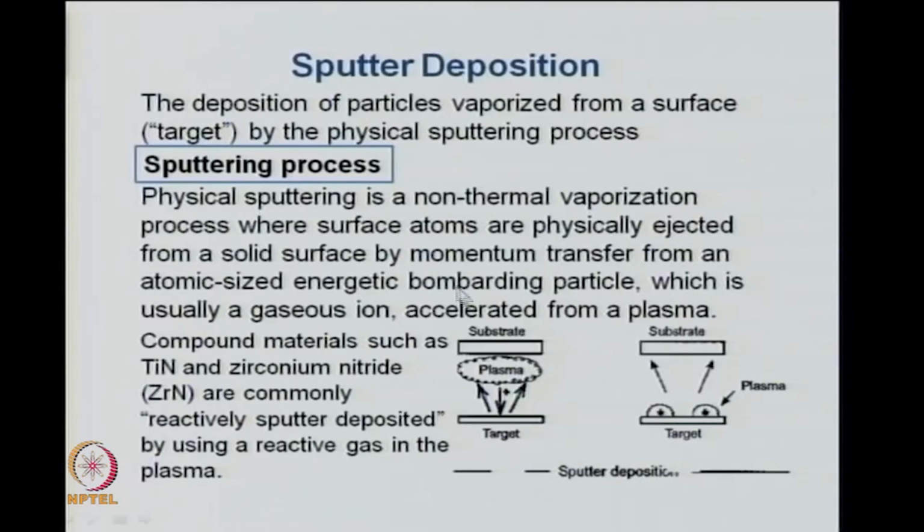So, what you are doing is you are bombarding a target. So, this is your target, and you are bombarding the target with either an atomic beam which is highly energetic, or a gaseous ion which is accelerated from a plasma. Here you see a plasma, and this is a gaseous ion beam which is being accelerated towards the target, and the target atoms then come out, and they fall on the substrate, and you get the film on the substrate.